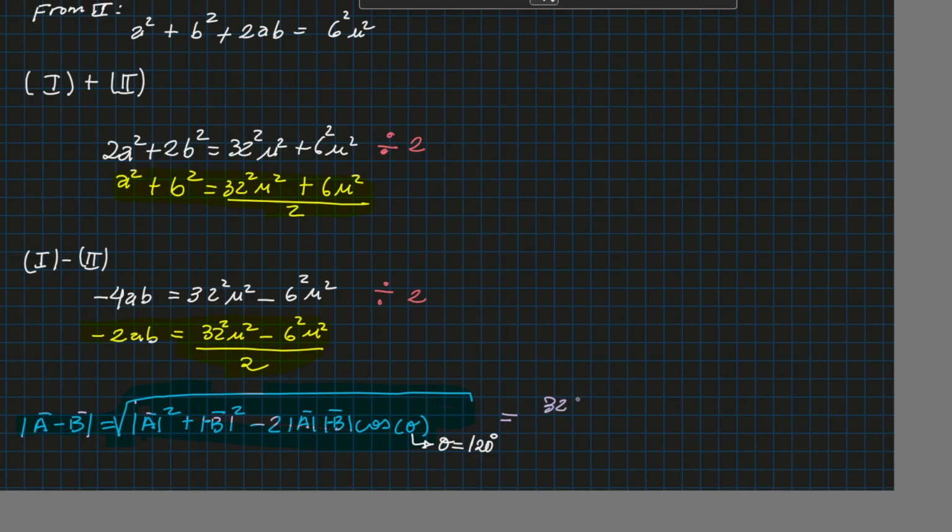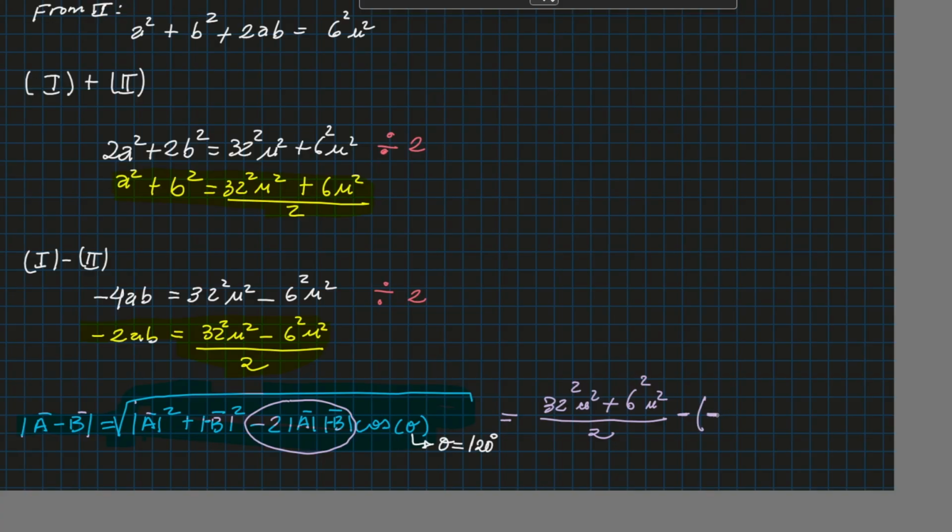It is 32 squared units squared plus 6 squared divided by 2 minus 2ab. Minus 2ab is this expression here. So we will place it here. So minus 2ab is equal to, well, it's plus, but let's make it more tidy, more ordered.